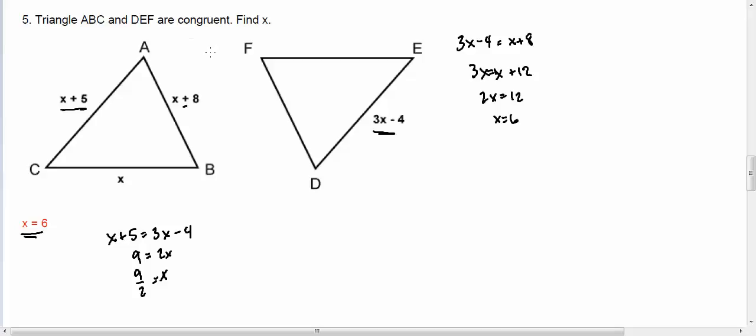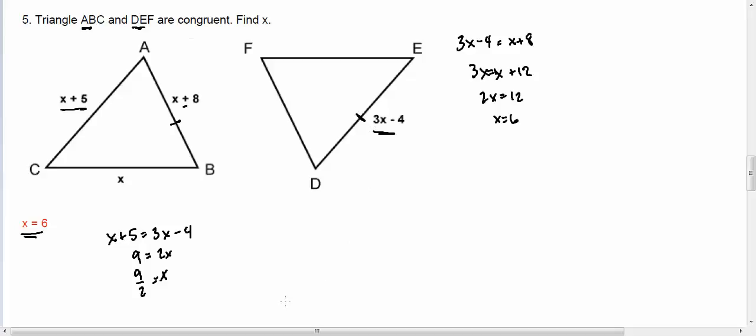So I'm going to draw a line through AB. The way they're defining this triangle is they do AB first, so let's draw a line through that. And then over here, the first segment that they're quoting is DE, so we'll draw a line through that.